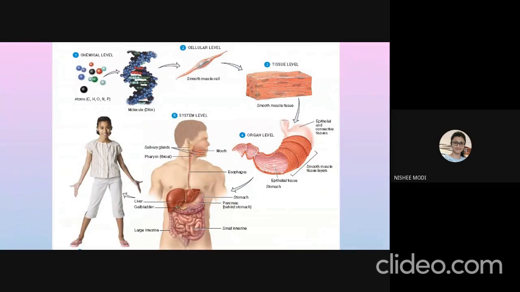In this image you can see the first, chemical. The chemical level includes atoms and molecules, then the cellular level, then the tissue level, then the organ level, and then the organ system. The organs which have a common function make up the organ system, and then the organism, the whole living individual.